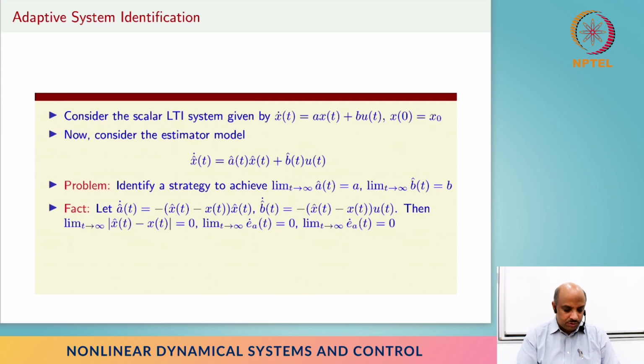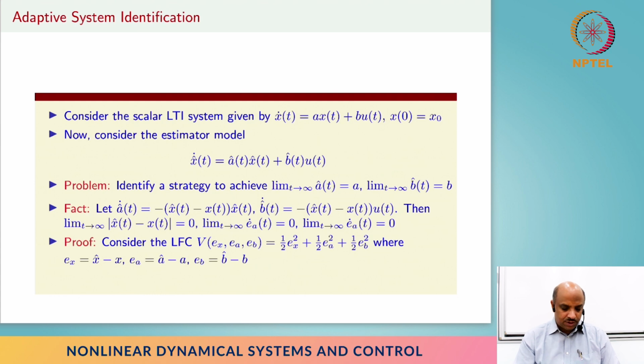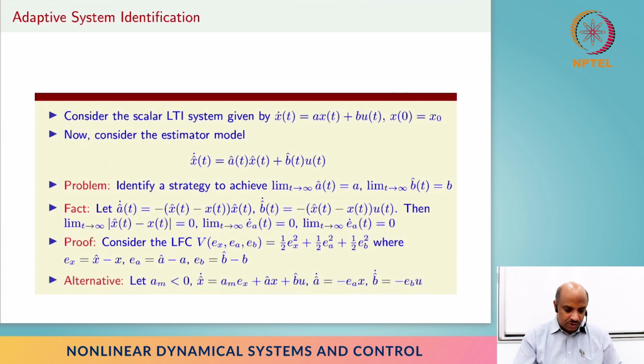Then we can show that the estimator is going to be exactly equal to the original state in the limit, right? And a couple of other things are true. The limit of e dot a and e dot b is going to be 0, where e a and e b are errors in the parameters a and b. So let's actually look at the proof of this.